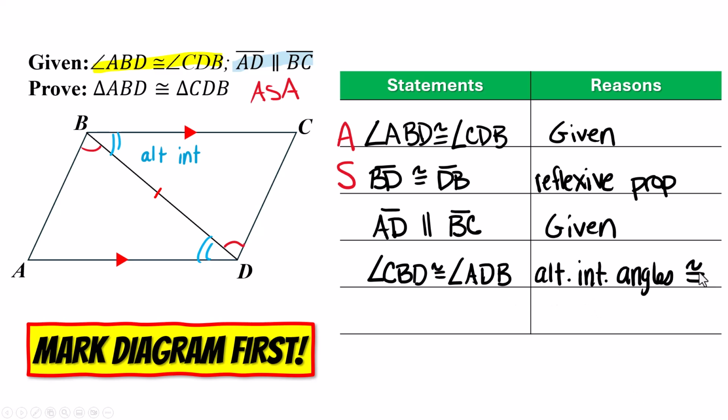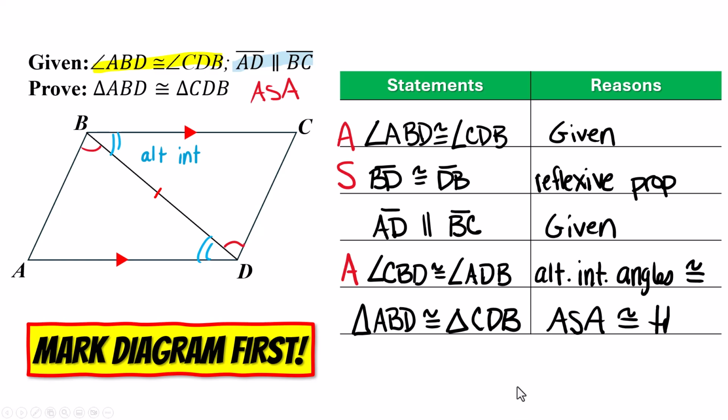Remember, you can't use it as a reason for a statement, alternate interior angles are congruent, I can't introduce that into my proof until I have shown that those two lines are parallel in some way, and in this case it was given. Once I have that, that's my angle. So now I have angle, side, angle. I can say that the two triangles are congruent by the angle, side, angle congruency theorem.